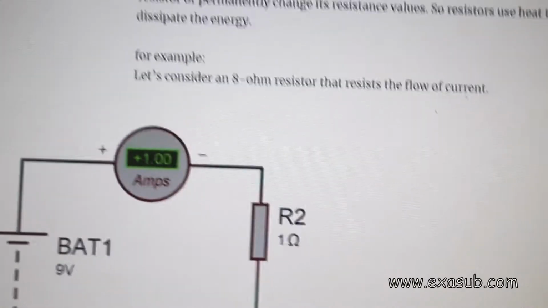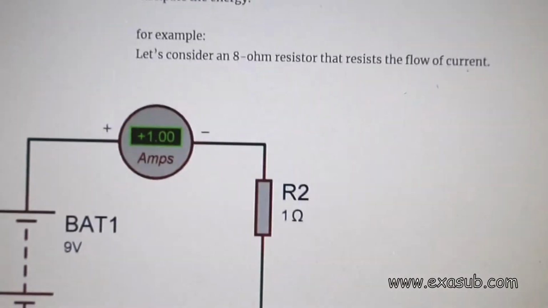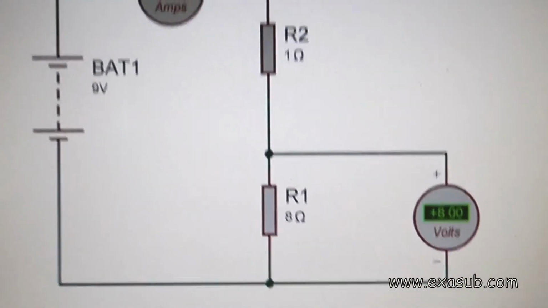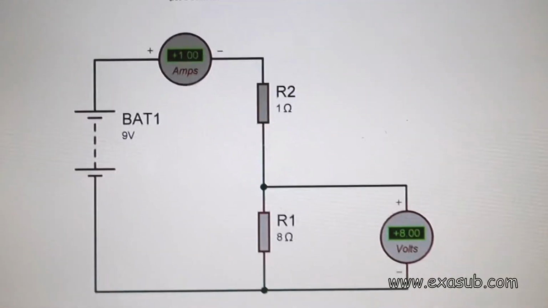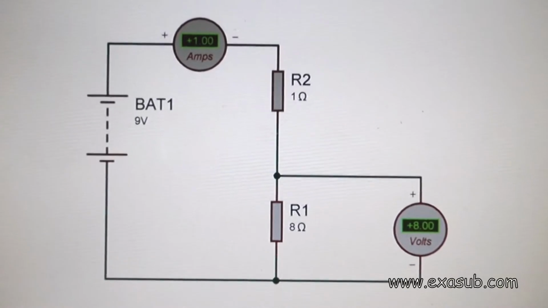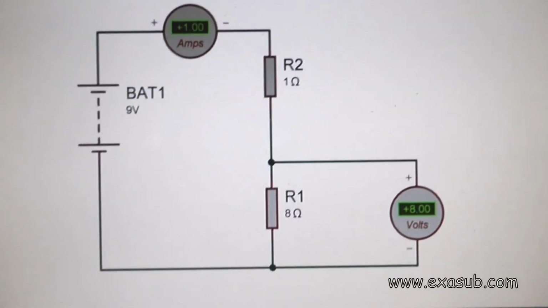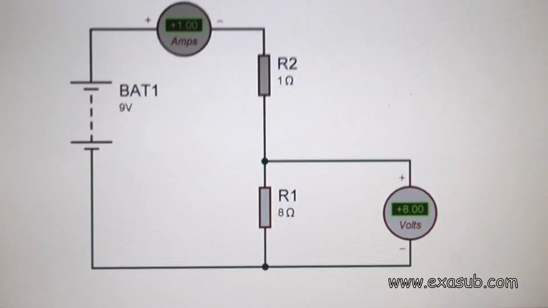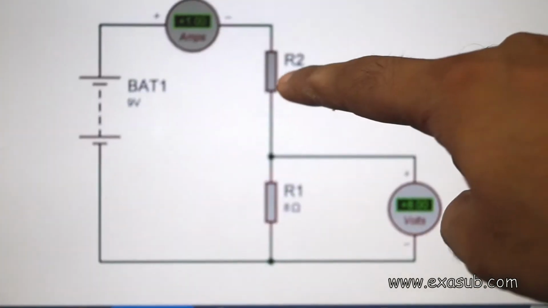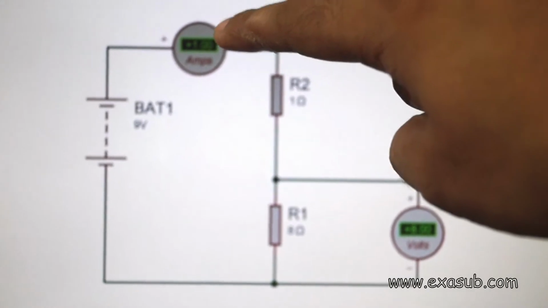For example, here in this circuit you can see that we have a battery connected to a series of resistors consisting of R1 and R2, and this is an ammeter.